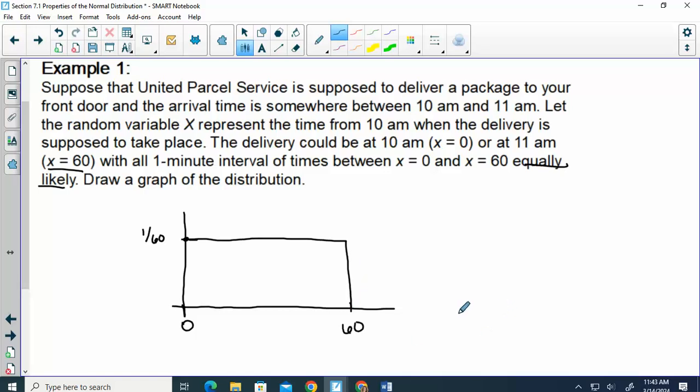If I said they were going to show up between 10:10 and 10:50, how long is it from 10:10 to 10:50? 40 minutes. So what would be the probability? 1 out of 40. So everything's equally likely, so our probability function just turns into a rectangle. The height is your probability.